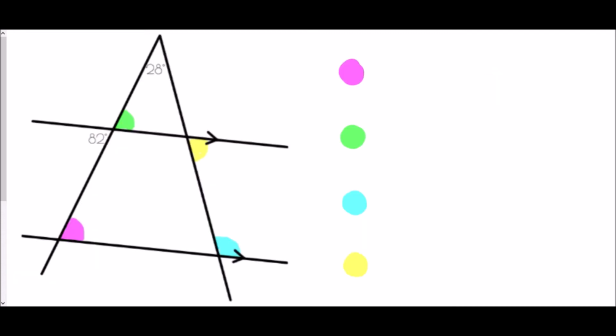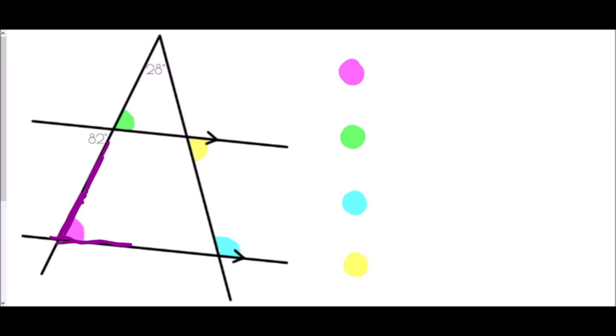So let's give that a go using a larger problem. We've got a pink angle, a green angle, a blue angle and a yellow angle that we want to find with reasons for each one. We're going to go in the order that they have come. The pink angle is the one we want to find first, and it is here. Now, if I have a look at the pink angle, can I form a Z shape or a C shape or an F shape?